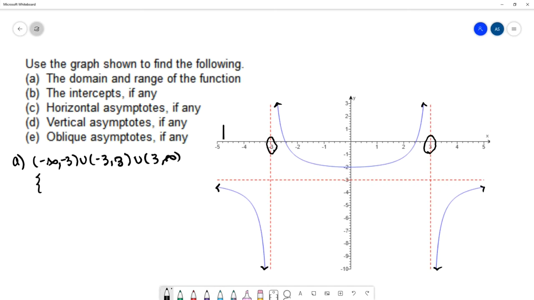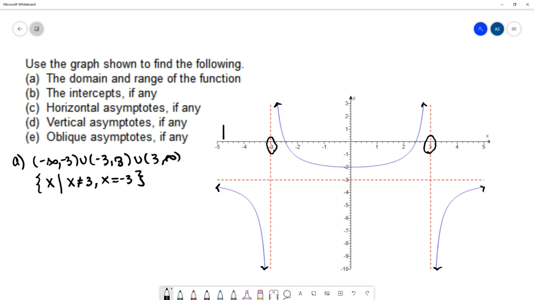In set builder notation, since we're talking about domain, we're going to do a set of x's, and we want to exclude only 3 and negative 3. So it's all real numbers except for 3 and negative 3.